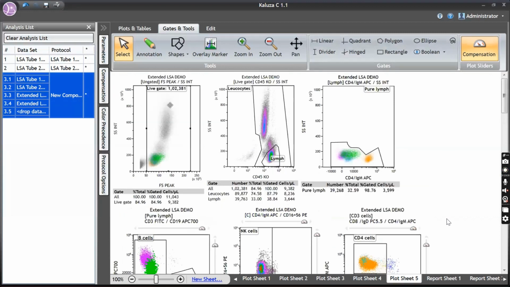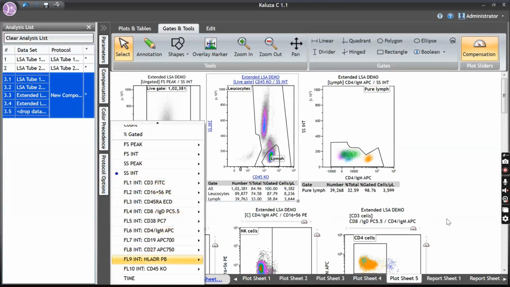Now this is extended phenotyping, so similar viable gate. Then you see the markers here. In contrast to that, now I am using these many markers for extended T cell, extended lymphocyte subset analysis.